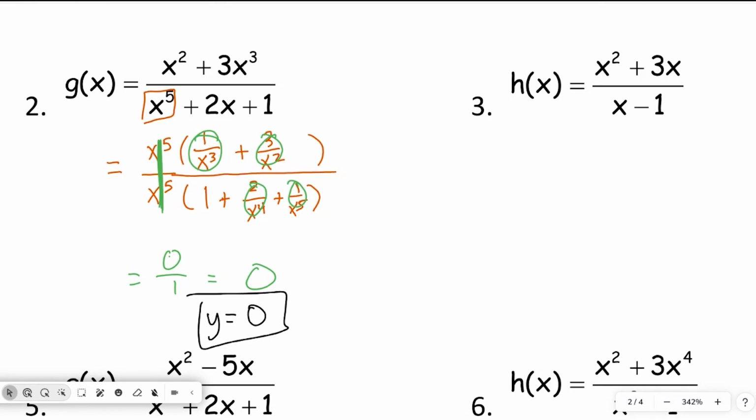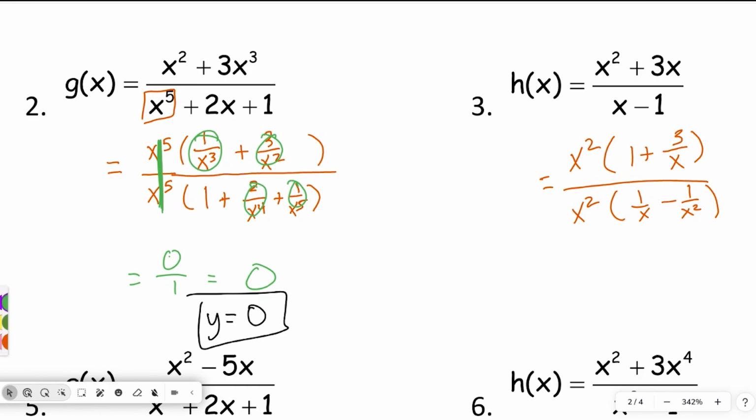And here's why. Let's just go through the algebra the same way. If we divide out an x squared here, and we send x to infinity, make x really, really big, each of those fractions are going to go to 0.